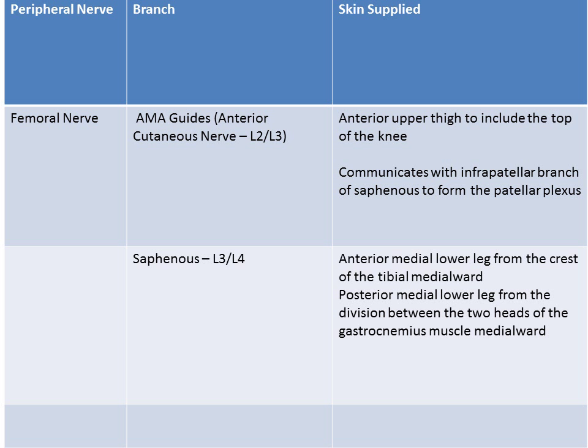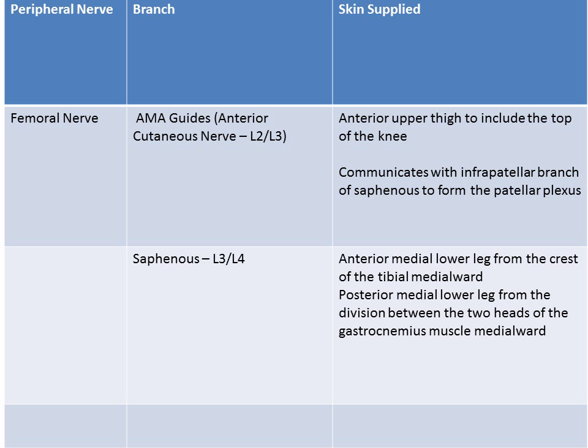This supplies sensation to the anterior upper thigh to include the top of the knee. So think about that, and you might just rub that section of your thigh, the anterior upper thigh, to include the top of the knee.